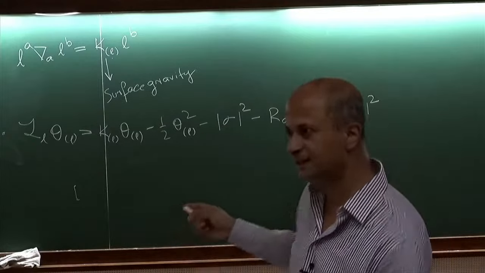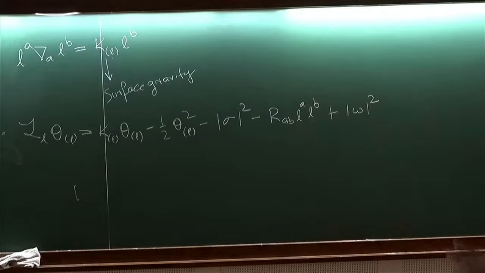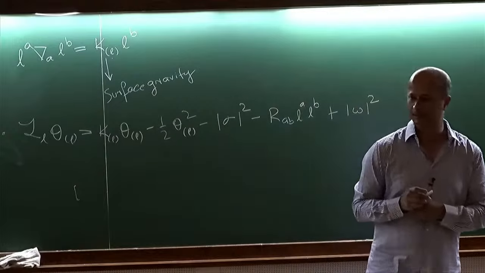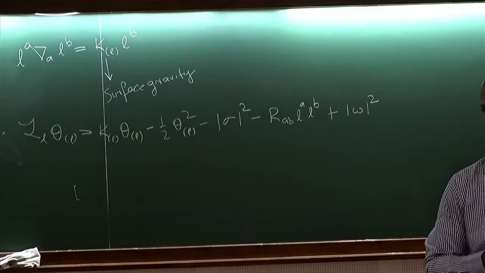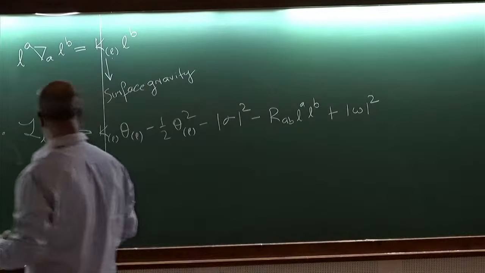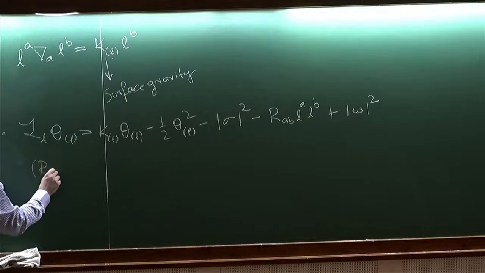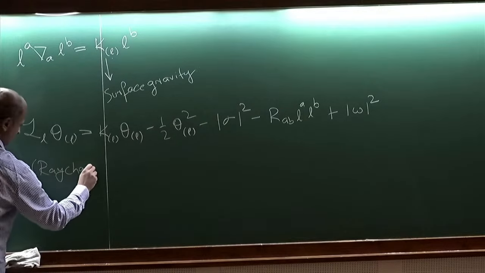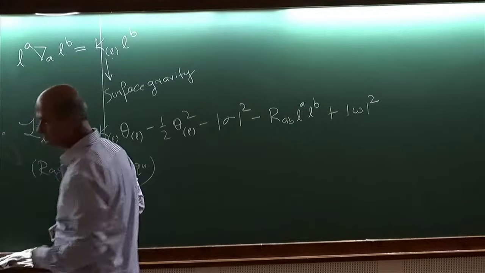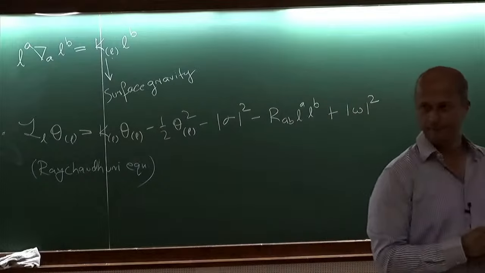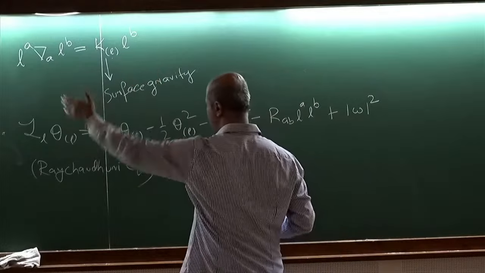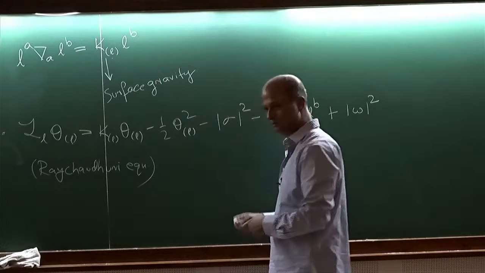And if you've never seen this, it's not hard to derive. It takes a little bit of work, but it just follows from the definition of the various curvature tensors and so on. Then in this equation, along the horizon, of course, theta is always 0.